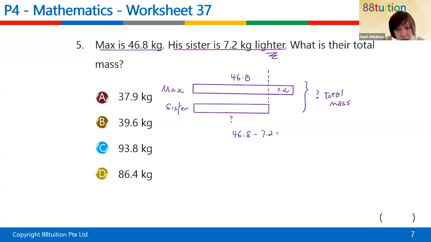Just use the chat function. The reason is because when we come to extra question, then I'll need you.